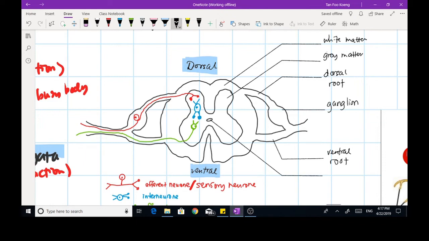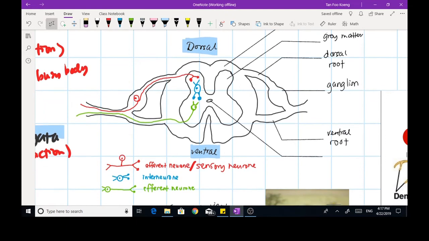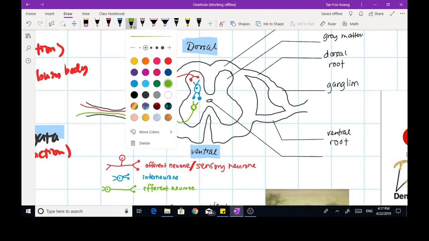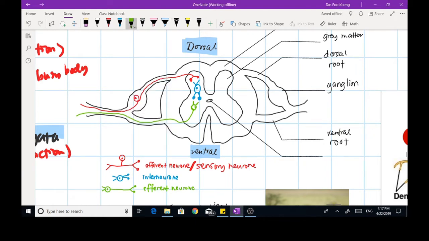Now as you can see here, you have the cell body of interneuron. Now the blue neuron here is known as interneuron, and the green one is efferent neuron, also known as the motor neuron, because motor neuron transmits the impulses to the effector, to the skeletal muscle, for example, to make work.